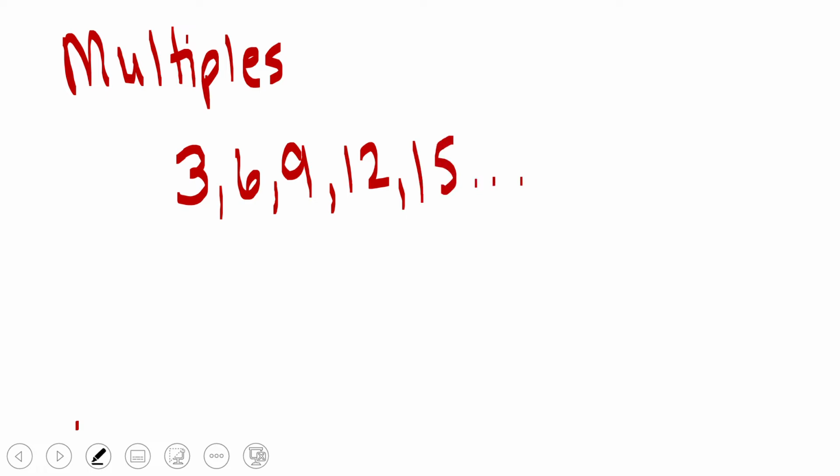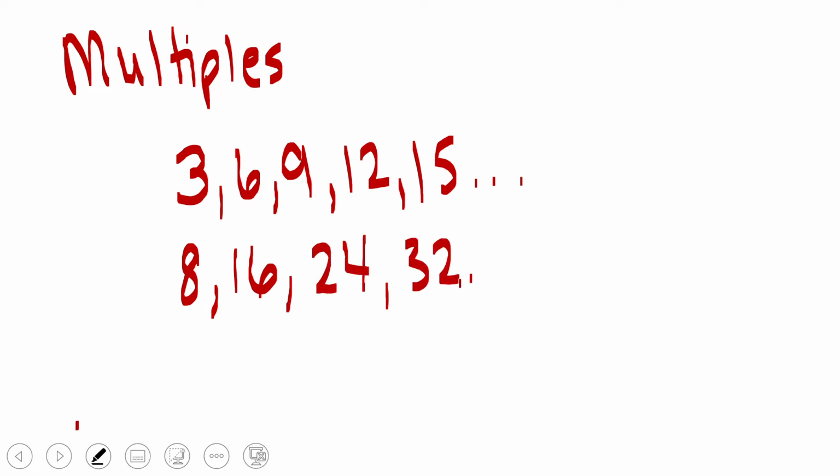Those are the multiples of 3. What about multiples of 8? We start with 8, 8 times 1, 8 times 2, 8 times 3, 8 times 4, 8 times 5, and so on.